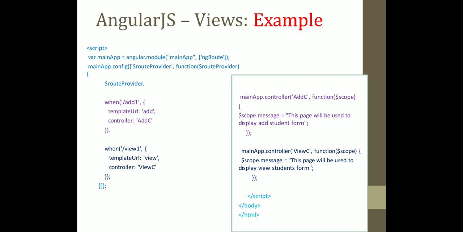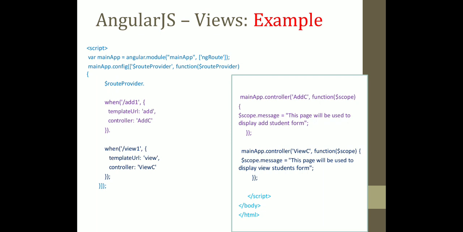So when there is add1, the templateUrl will be add and the controller will be addC, and when there is a click on view1, the templateUrl will be view and the controller will be viewC. Okay, this is our route provider part.